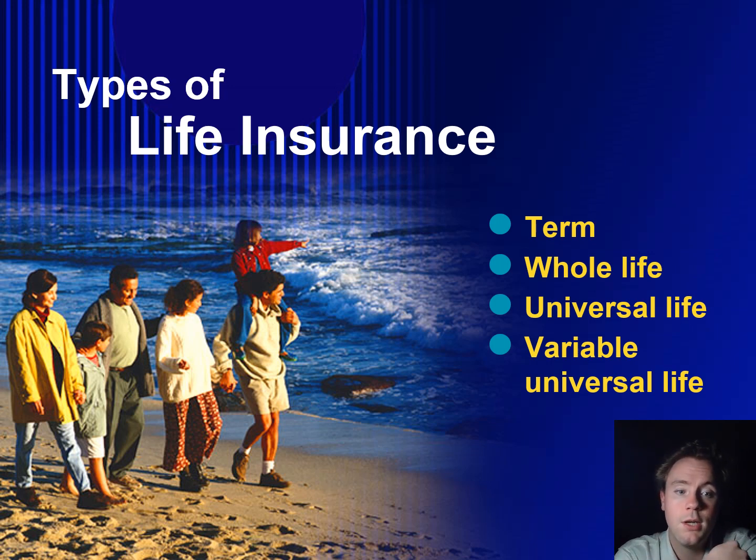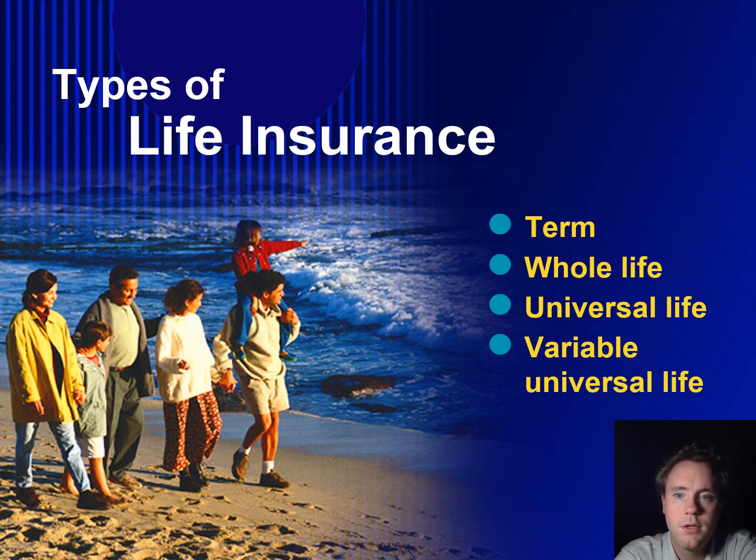If I pass away any time in those 30 years, then the death benefit is paid out to my loved ones. And then if I live beyond the age of 55, the insurance company doesn't owe me anything back. I have no cash value, no growth of the insurance policy. So it's just like renting a house.